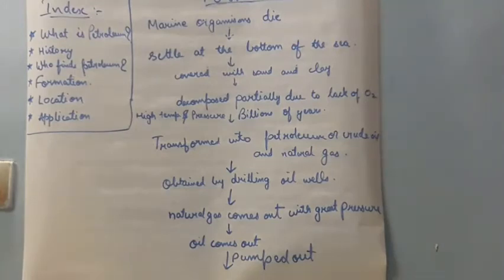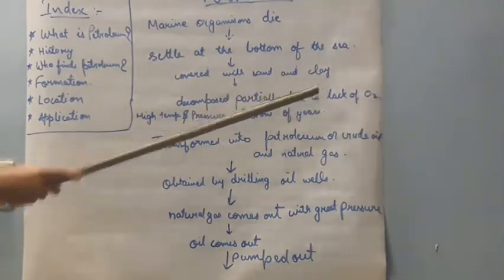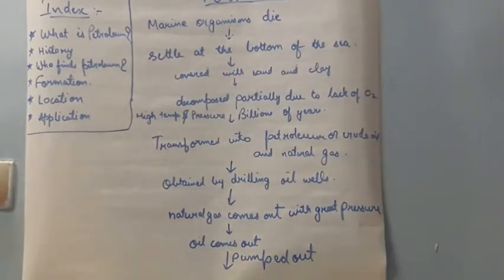Then when they settle at the bottom of the sea, they are completely covered with sand and clay particles inside the sea. Due to the covering of sand and clay, they don't get proper oxygen, and so they decompose partially.